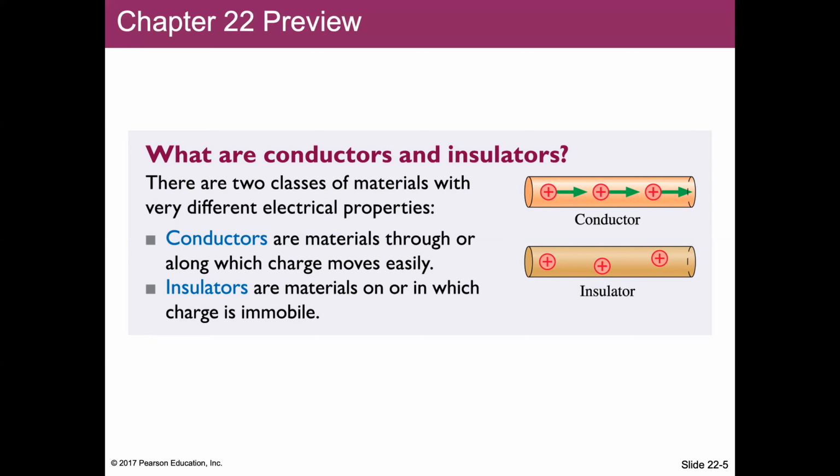However, you want to seal the conductor of your charger cable with materials on or in which the charge is immobile. So that thing is called an insulator. So insulators are the materials on or through which the charge is difficult to move or cannot move at all. So that's insulators.